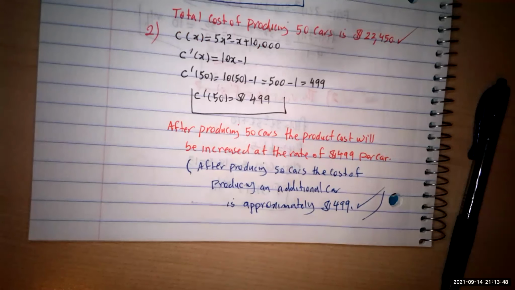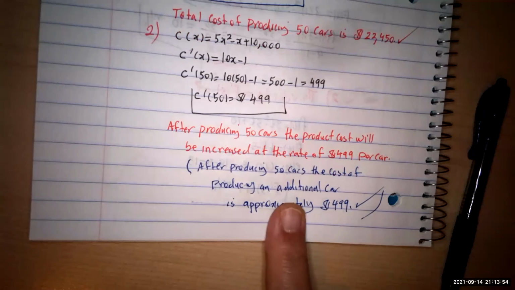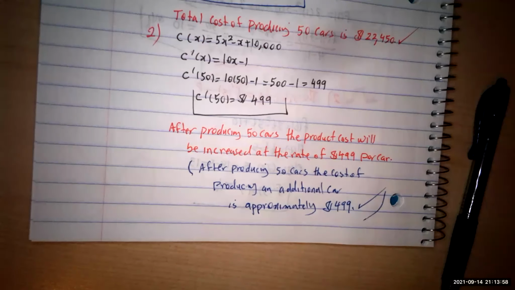Any suggestion? You know which car this one is? That additional car. Remember the level of production is 50. Yes, the 51st one.